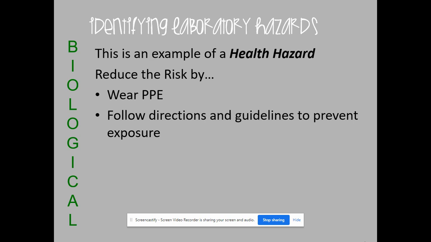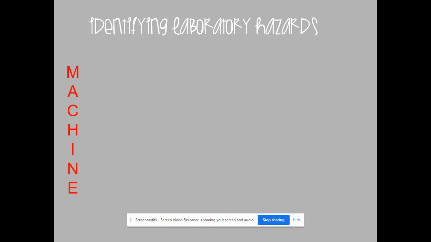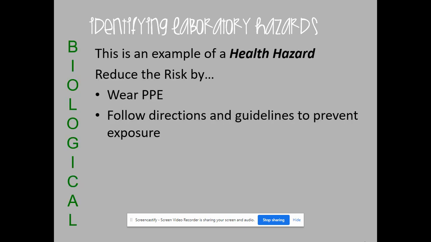Okay, so if you're outside and you're camping, if you want to reduce the risks of bacteria or insect bites, you're going to wear repellent, okay? Or you're going to wear long clothes with light colors, okay? I went too fast for myself.